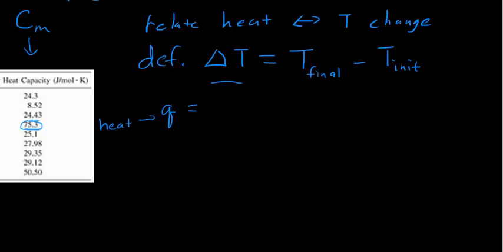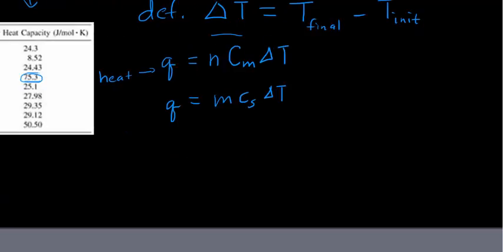And that can be equal to the number of moles times the molar heat capacity times delta T, or Q can be equal to the mass times the specific heat capacity times delta T. In the past, some of my students have called this bottom one the MCAT equation because it looks like it spells MCAT if you think of the delta looking a bit like an A. So either of these formulas can be used to calculate the amount of heat involved when there is a temperature change. Let's use that and do a quick calculation.